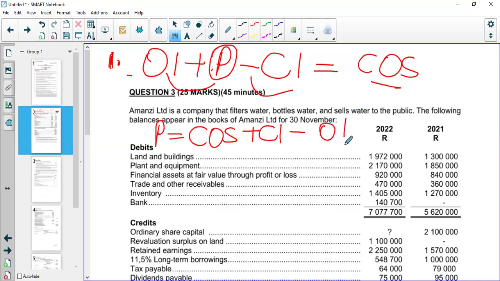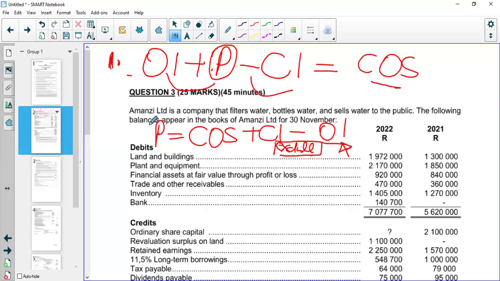You will remember that our inventory could include other things which are not trading inventory, like supplies, stationery, and other office supplies, which would normally be included as inventories. So we need to deduct them here. If they say this also includes the stationery, we need to deduct stationery from there.